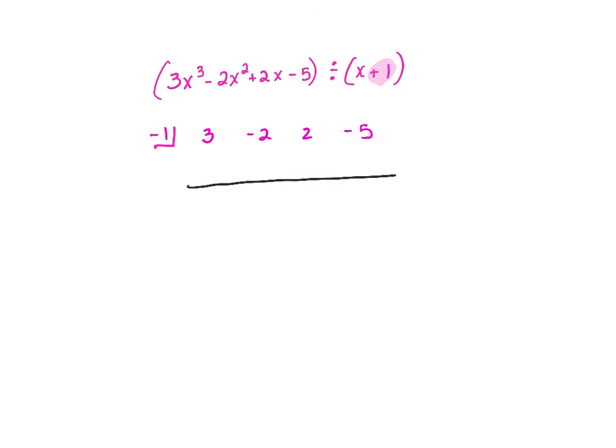Step 1, hardest one to remember. Just bring down the first number, 3. We multiply, that's -3, and you put it under the next term. We add those together, that's -5. We multiply, -1 times -5 is +5, so we put that right underneath the 2. We add 7.